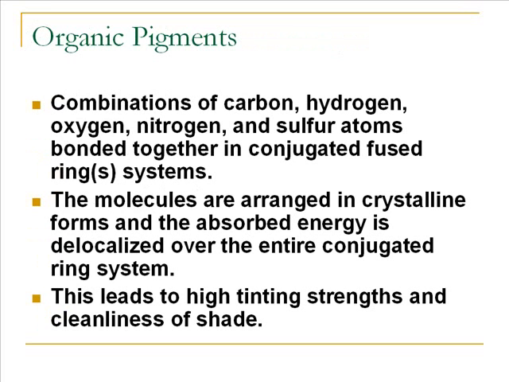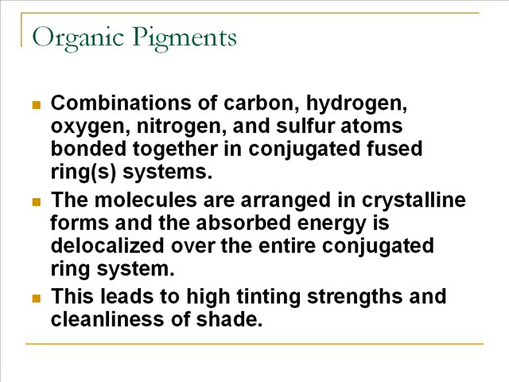Next type of colorants, organic pigments. A combination of carbon, hydrogen, oxygen, nitrogen, and sulfur atoms bonded together in conjugated fused ring systems. Bob Charvet likes to call, when you look at the structure of these things, chicken wire chemistry. It has all those benzene rings that look like chicken wire.